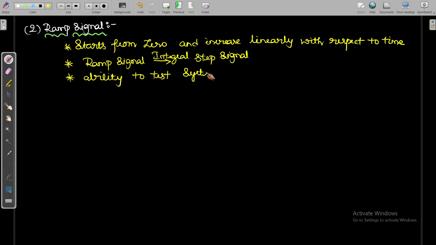So if the systems are linearly varying and you want to test them with time, you can use this ramp signal. How will the mathematical equation be given for this ramp signal?